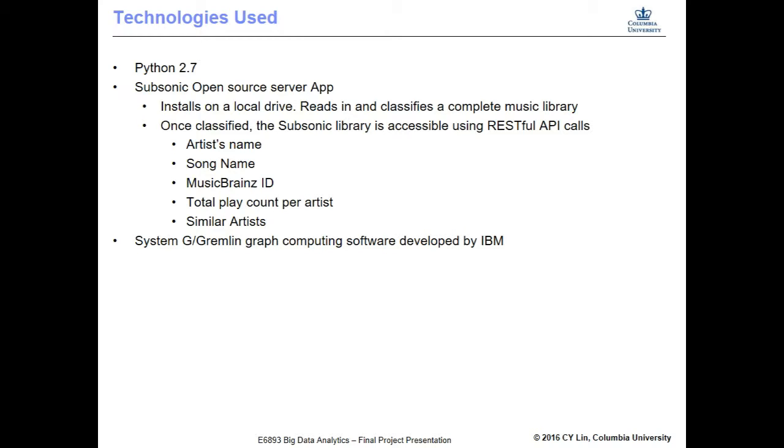Once classified, the Subsonic library is accessible using the RESTful API. This means you can access your artist's name, song name, MusicBrainz ID, the total play count per artist, and similar artists. In addition, RecoSonic makes use of the SystemG Gremlin graph computing software developed by IBM.